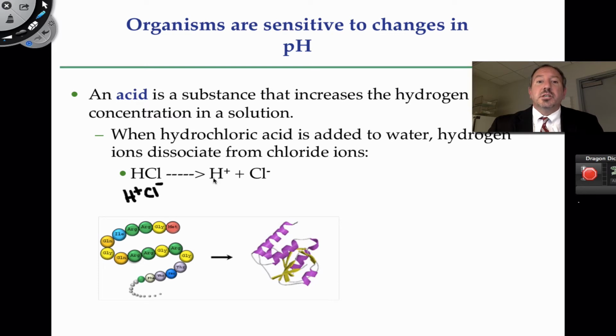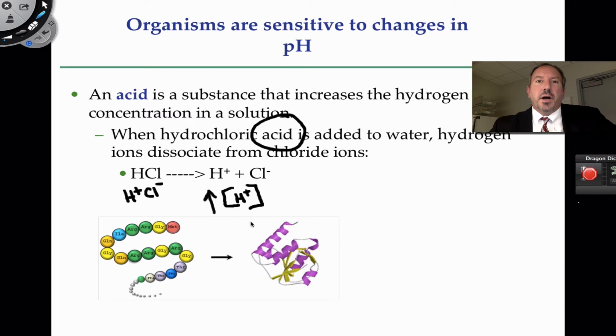It will dissociate into hydrogen ions and chloride ions, which increases the hydrogen ions in the solution, and therefore it becomes more acidic. So this is an H plus donor, hydrochloric acid, and therefore it's considered an acid.